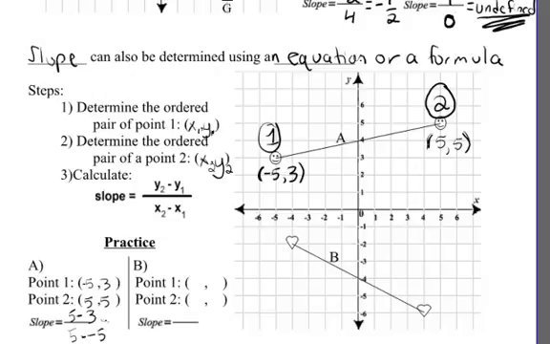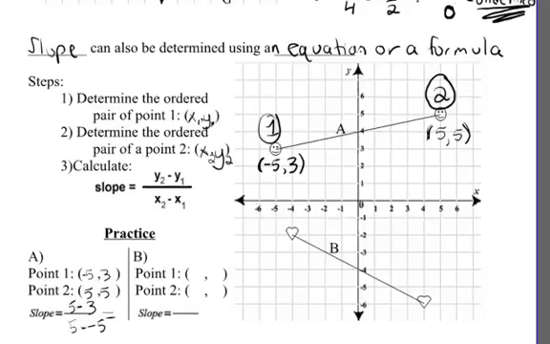Okay, so 5 minus 3 is 2, and 5 minus -5 is 10. Now 2 divided by 10 simplifies to 1 over 5. So our slope here is 1/5.